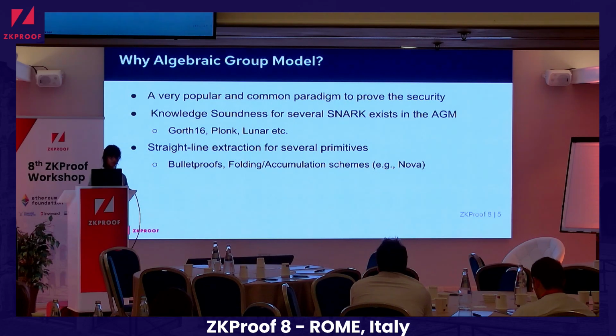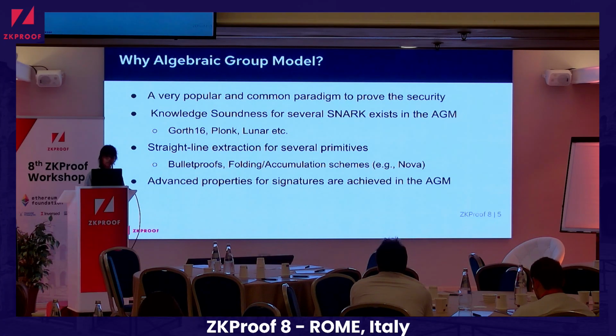For example, they have proofs using rewinding. With the AGM, we can get straight line extraction for these protocols. And so when we build IVCs on top of these, we would get provably secure unbounded depth IVCs from such primitives.